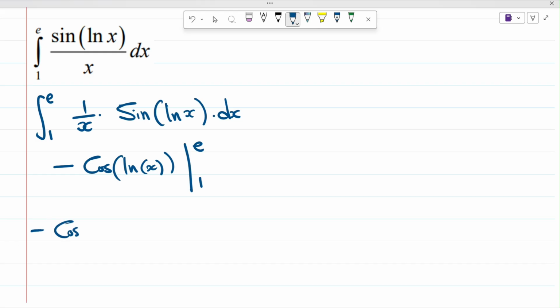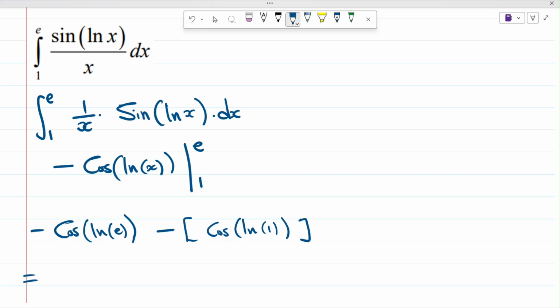So this is going to be negative cos of ln of e, minus into cos of ln of 1, is 0. Okay, this is going to be ln of 1. Then you close.